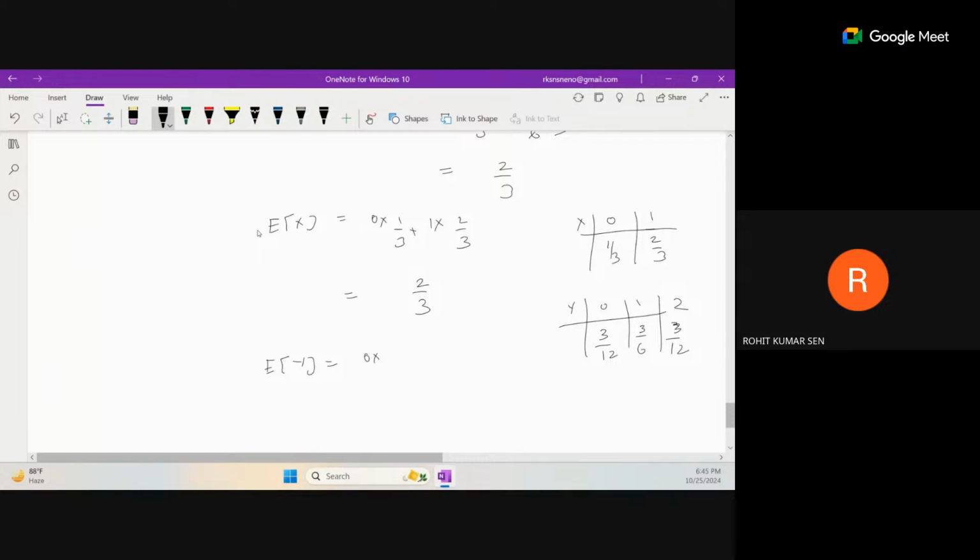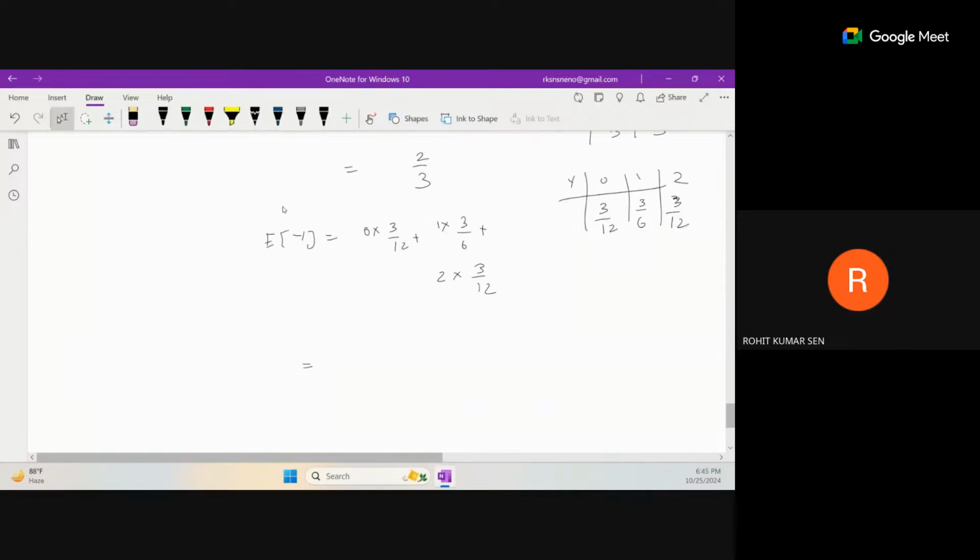It is 0 into 3 by 12 plus 1 into 3 by 6 plus 2 into 3 by 12. This is 0, plus 3 by 6, plus 6 by 12, which is 1 by 2 plus 1 by 2, which is 1.